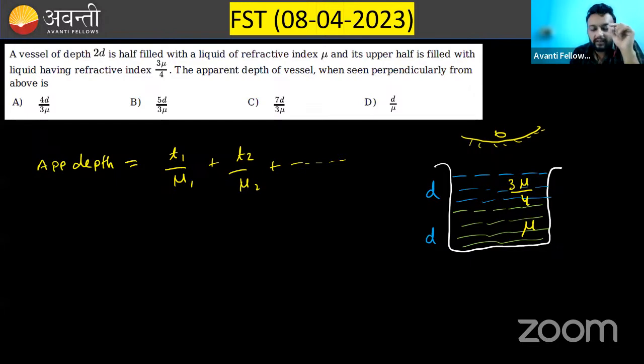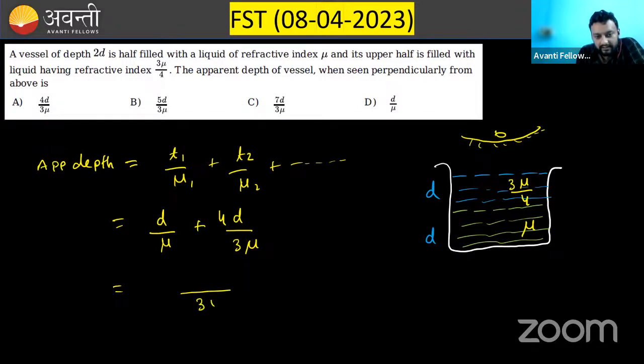Now remember, T1 is the thickness of the medium divided by its refractive index, T2 is the thickness of the medium divided by its refractive index, and so on. So according to the question, the depth is D for the first medium and its refractive index is mu, plus another medium also has a depth of D and refractive index of 3 mu by 4, so 4 will come up here. Clear?